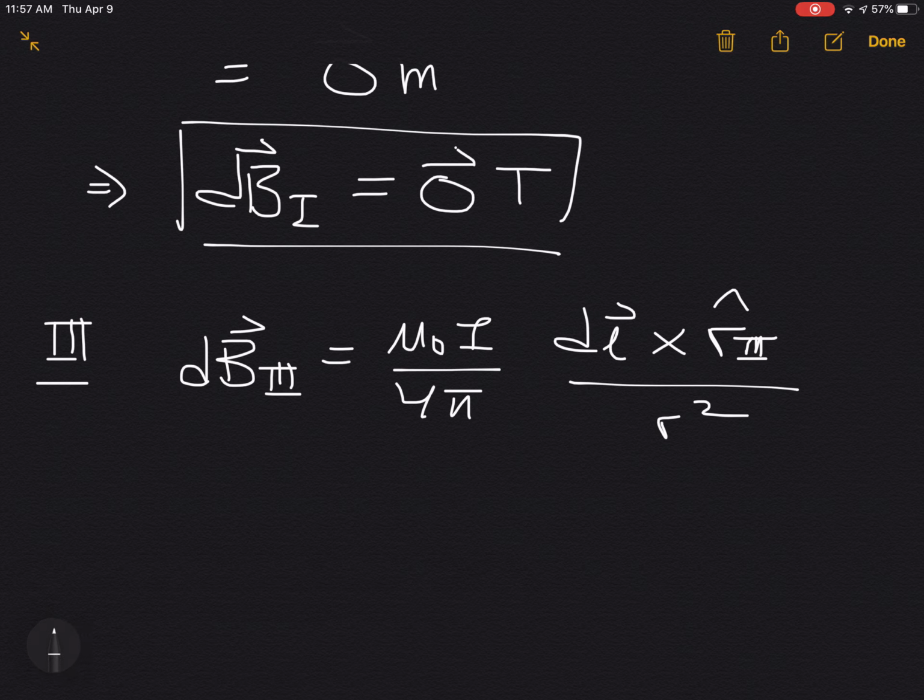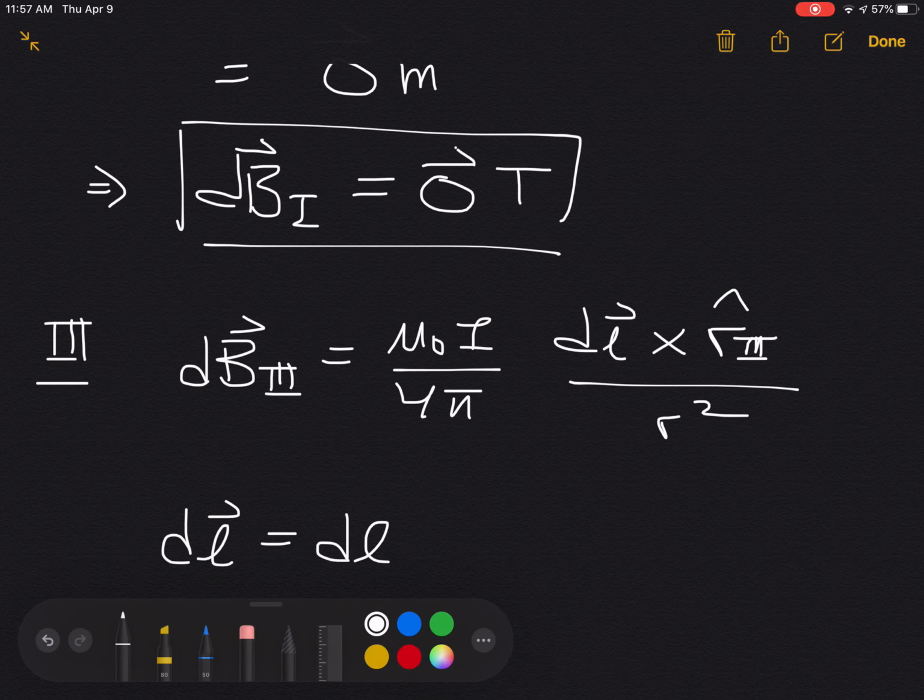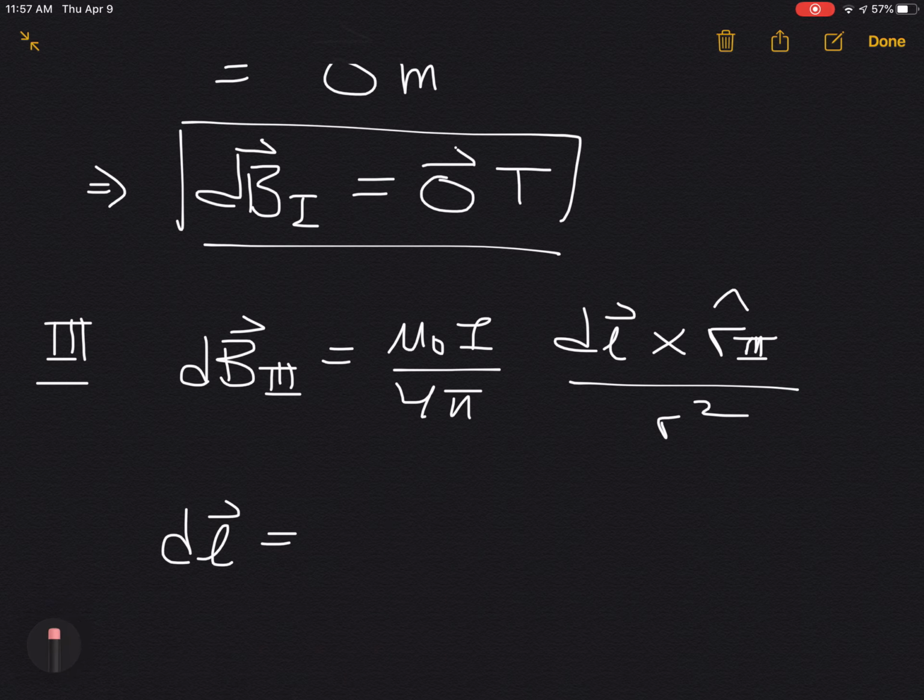This is a unit vector. Say that my unit vector is just some r3 hat. Then dl, we know it's in the opposite direction to that, so dl is going to be equal to some amount in the minus r3 hat direction.